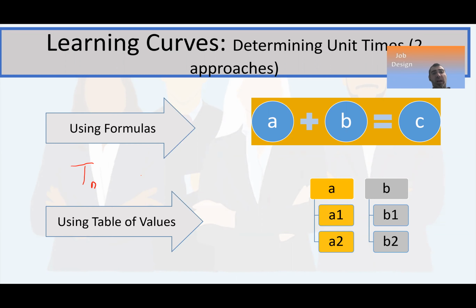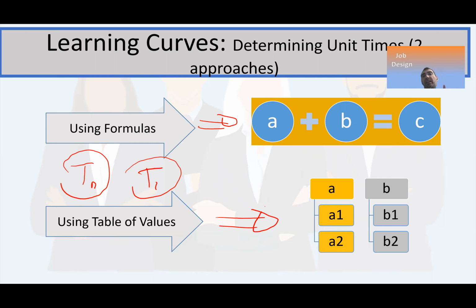We know how long the first item takes because that's where we are, and we're interested in knowing how long it would take to make the 20th item, the 30th item, the 21st item, whatever. So we're always trying to calculate Tn based on some T1. We could do it using a formula, and we could do it using a table. Sometimes using the formula would take a very long time, so we resort to tables.